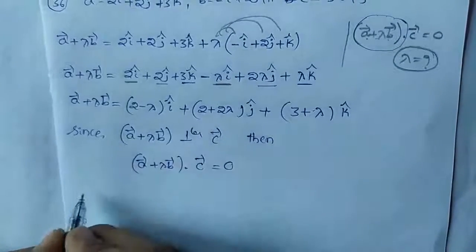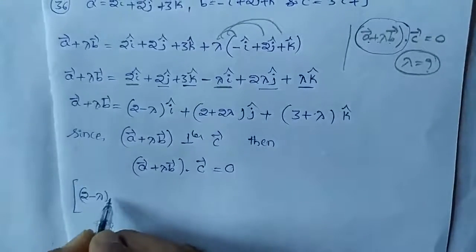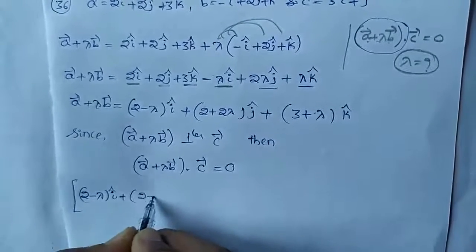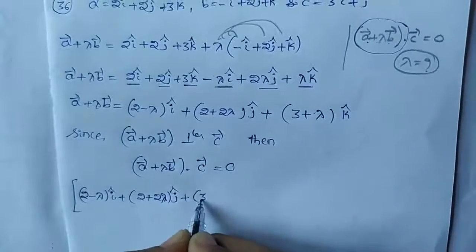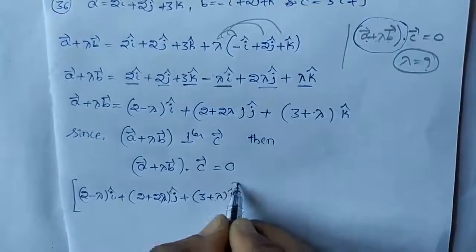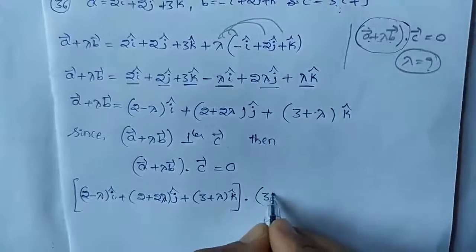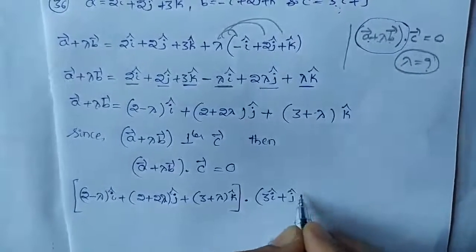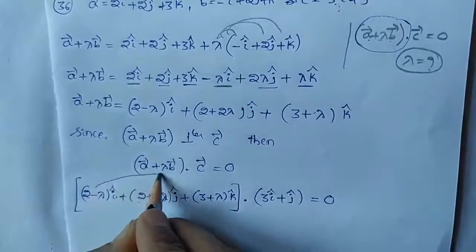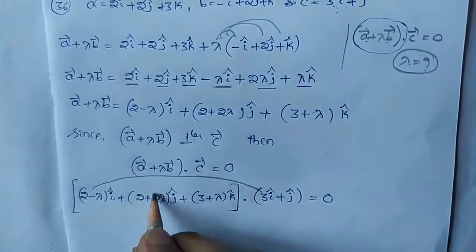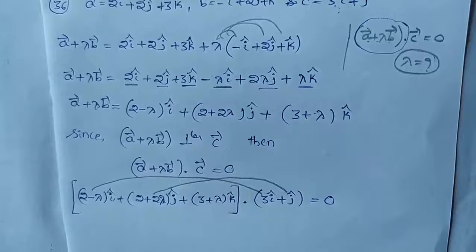So a plus lambda b is (2 minus lambda) i plus (2 plus 2 lambda) j plus (3 plus lambda) k, dot c vector. c vector is 3i plus j, equals 0. Apply dot product: i component into i component, j component into j component, k component we don't have, so that will be 0.